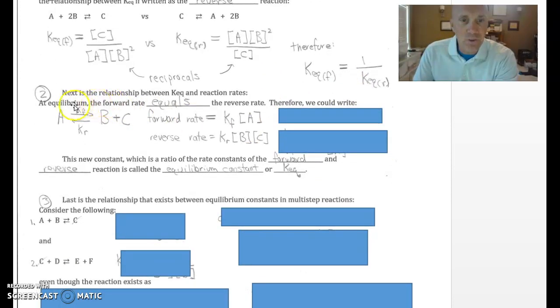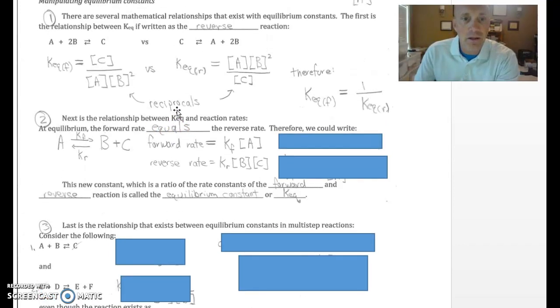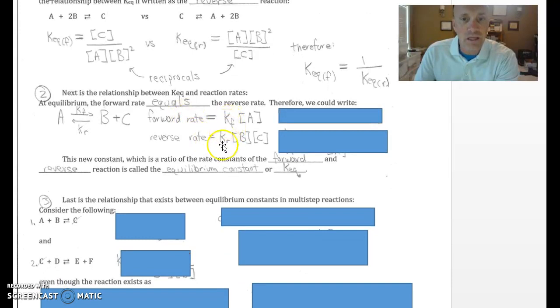Okay, so the next one, again, is something that we've talked about before, and that is where the equilibrium constant comes from. Before I get into this, I do want to point out that it can be a little bit confusing because we use K to stand for constant in several different situations.